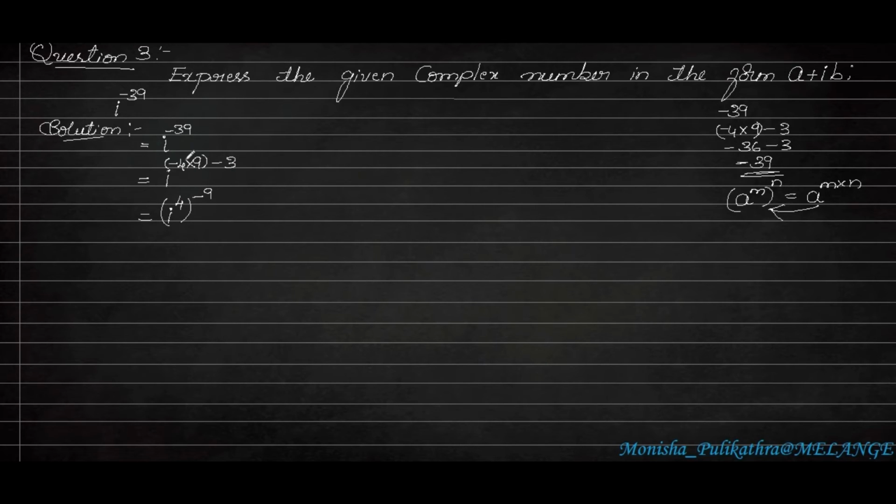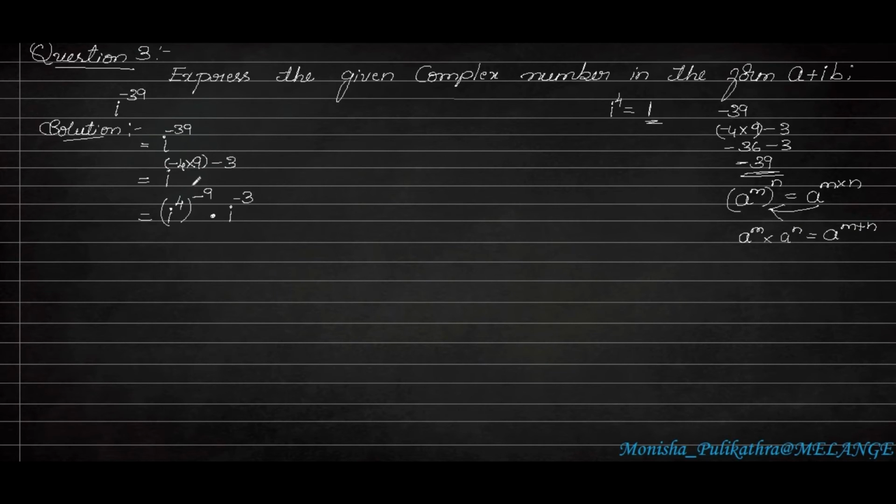I will be taking I4 because we know that every fourth power, I4 is equal to 1. So I4 whole to the power of minus 9. Again it will become m into n, that is 9 4s are 36 itself. Next minus 3 is there. I will take it to a form of I to the power of minus 3. Because we know that a to the power of m into a to the power of n is equal to a to the power of m plus n.